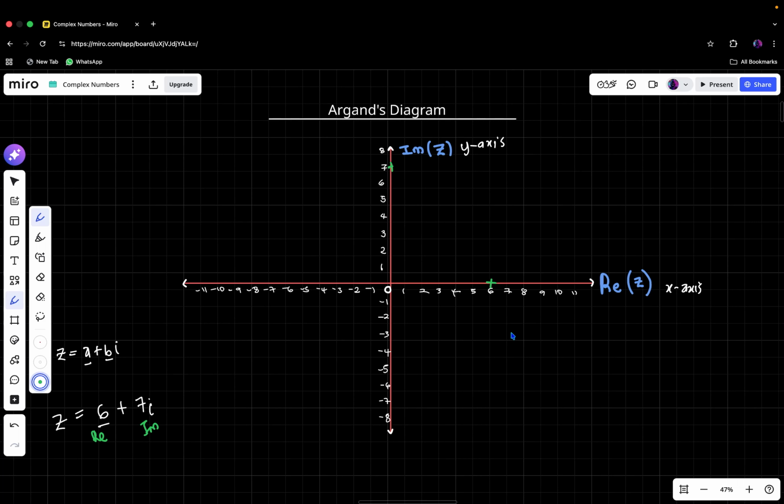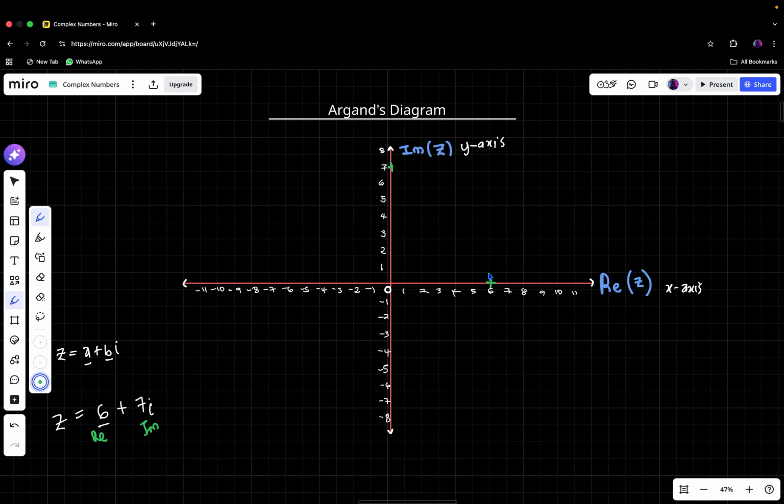So how do we represent 6, 7 on an Argand diagram? Or how do we represent 6, 7 in complex form? We represent it by locating 6 on the real part and locating 7 on the imaginary part. And then we trace them together. So let's start with the real.